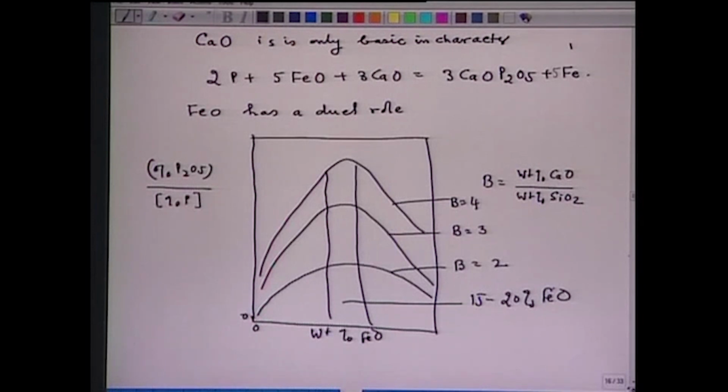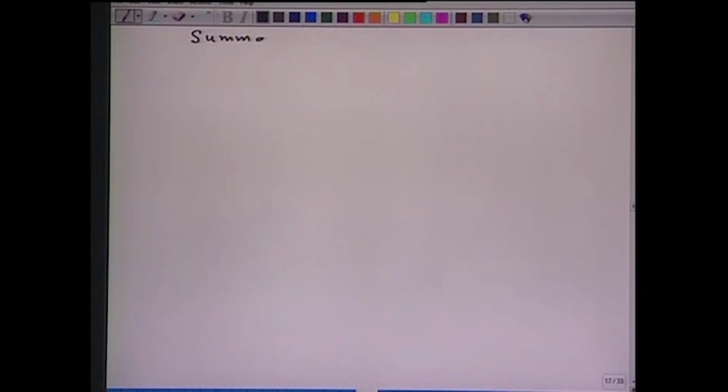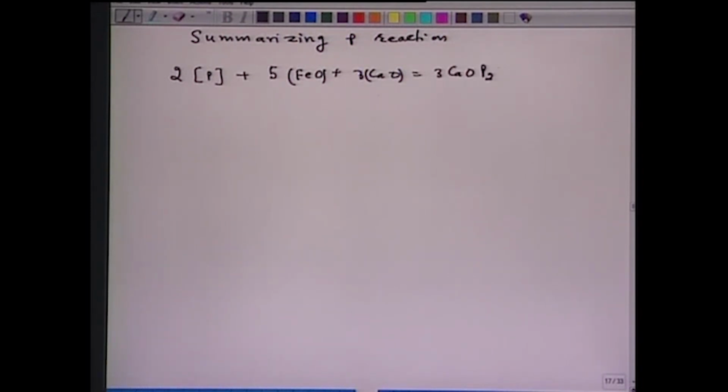Now, summarizing the phosphorus reaction, you write down 2P plus 5FeO plus 3CaO, that is equal to 3CaO.P2O5 plus 5 iron, or in the ionic form we can also put it 2P plus 5O plus 3O2- equal to 2PO4 3-.